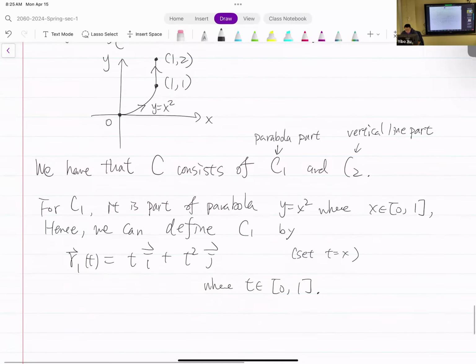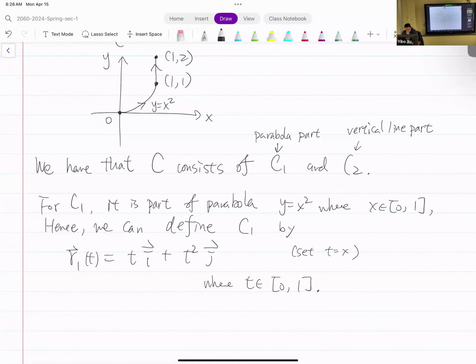So far so good for the first part of the curve. Now the second part is the vertical piece. The x coordinate doesn't change, and only the y coordinate changes from 1 to 2. So let's make the y coordinate the parameter, which increases from 1 to 2, and the x coordinate will not change.